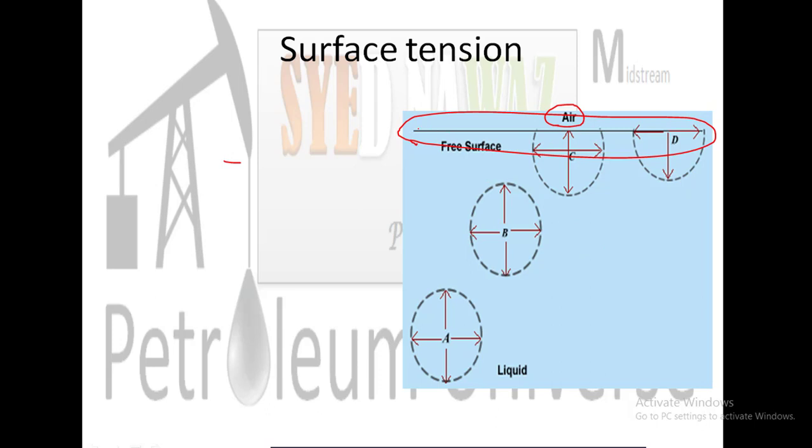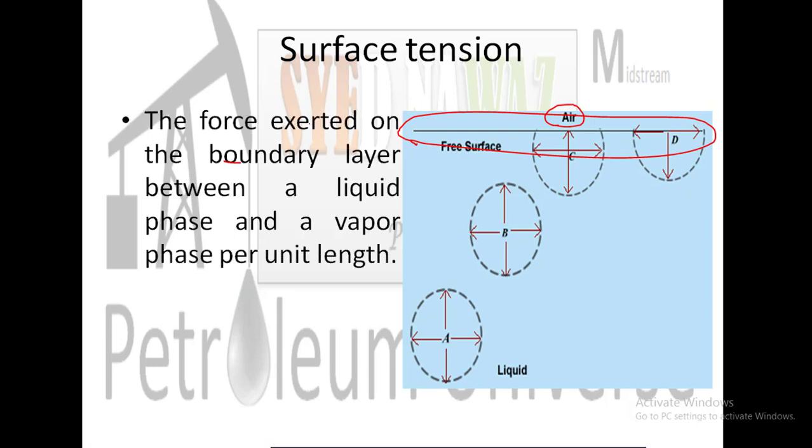So here you can find the shorter transition zone, or the less height of air-gas oil contact. Okay, so the force exerted on the boundary layer between the liquid and vapor phase per unit length.